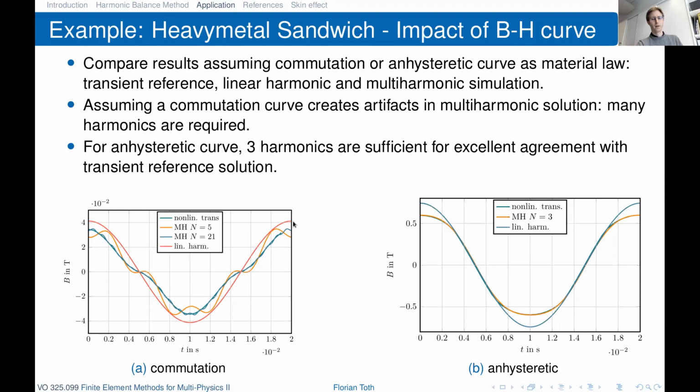If we now switch over to the unhysteretic solution, we see that actually with 3 harmonics already we can approximate the arising physical signal really well. So we have seen that this unphysical material law for periodic solutions also creates severe problems for the multi-harmonic finite element method.